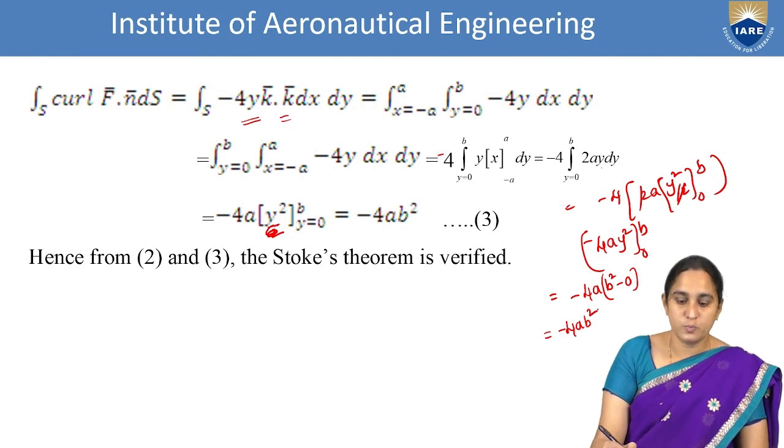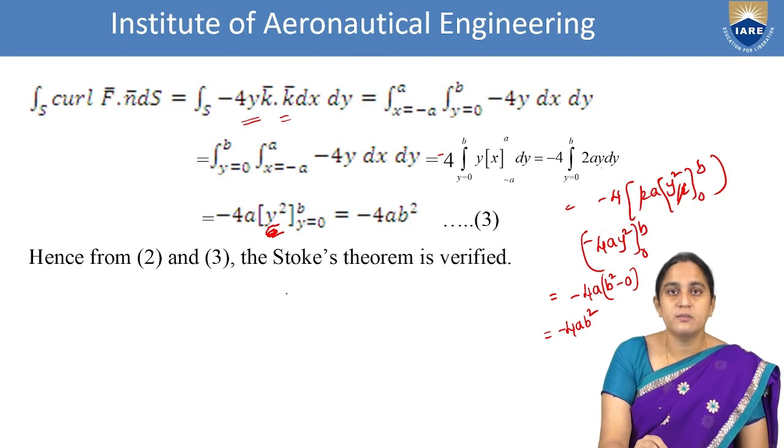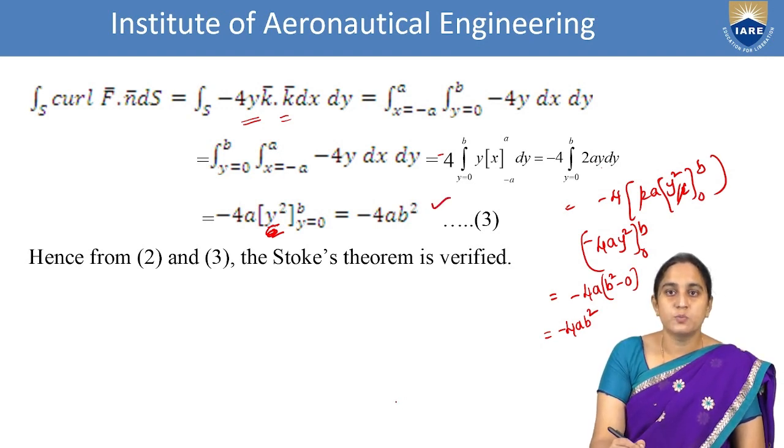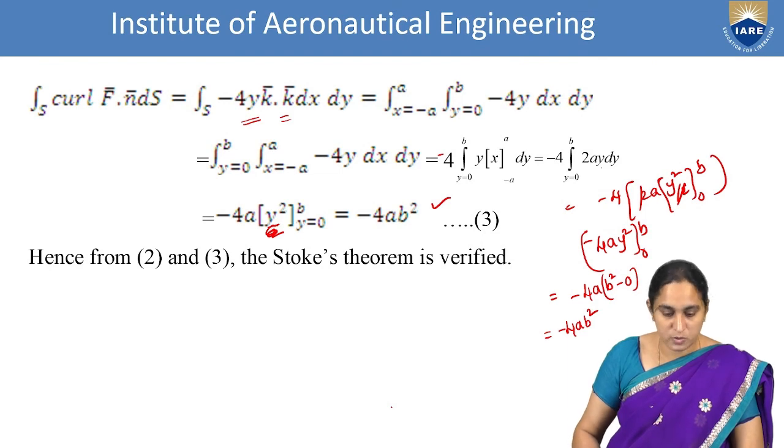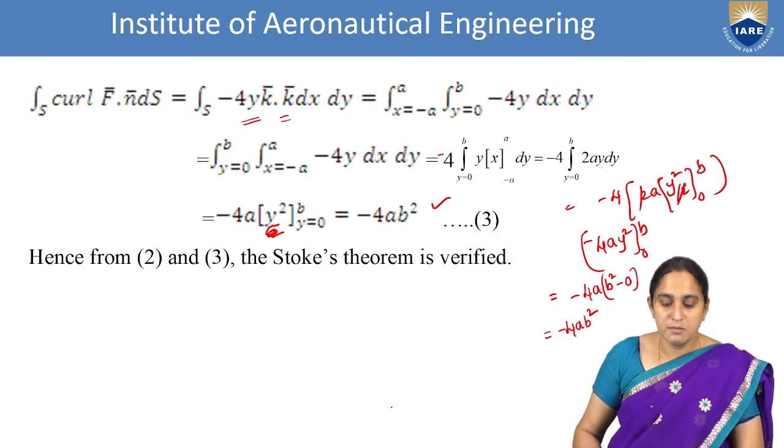Therefore the surface integral value, integral S curl f bar dot n bar ds, is equal to minus 4ab square. From the second equation, which is after adding the line integral values, we got minus 4ab square, and from the third equation, integral S curl f bar dot n bar ds is minus 4ab square.